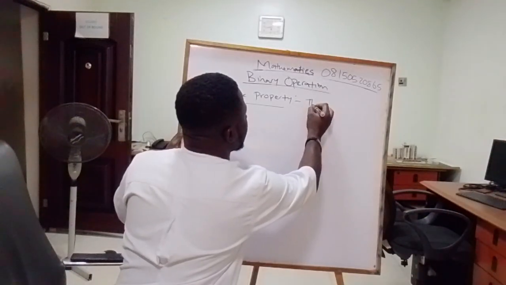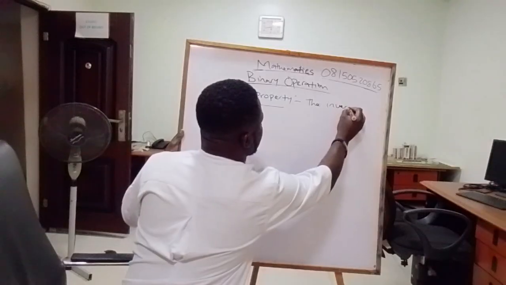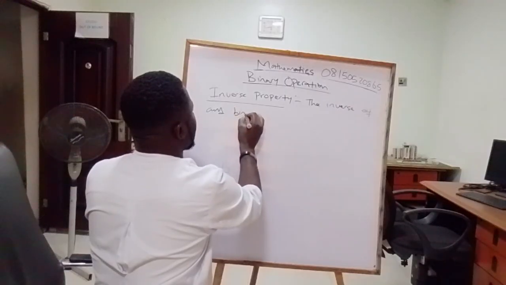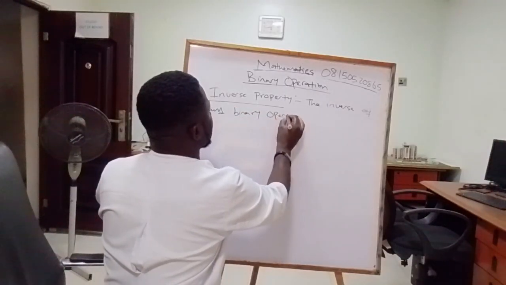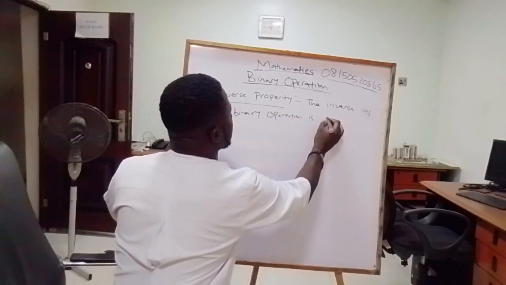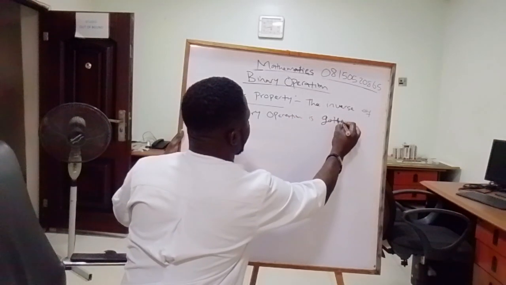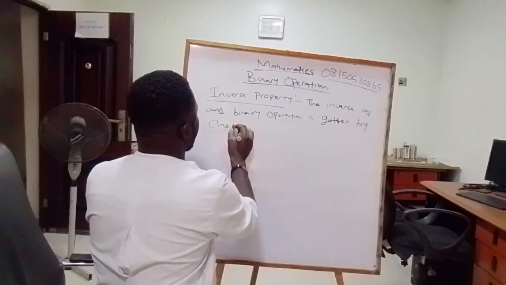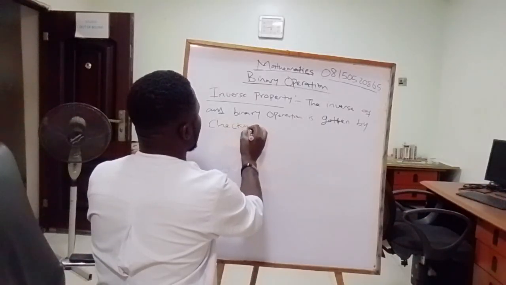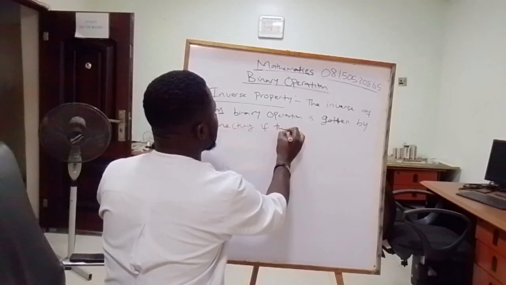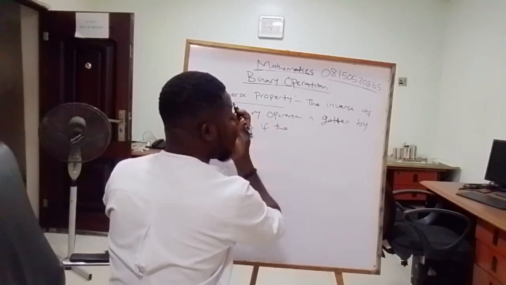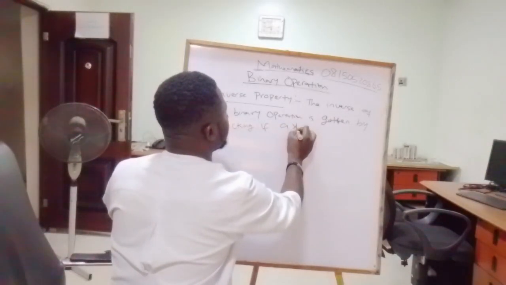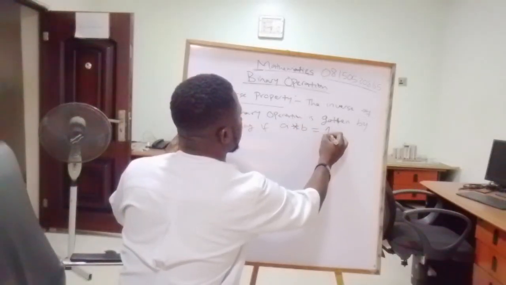The inverse of any binary operation is gotten by checking if A operation B is equal to 1.